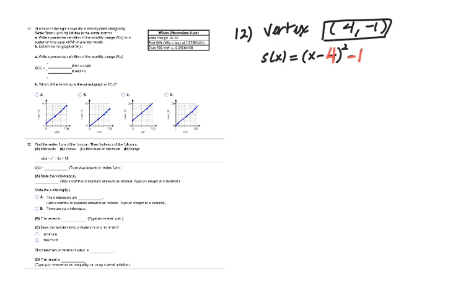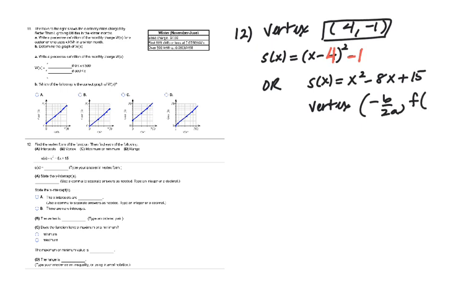Now, another way to find the vertex, if you keep the standard form, or the general form, f of x equals x squared minus 8x plus 15, is to use negative b over 2a to find the x coordinate, and then take that value and plug it into the original function, f of negative b over 2a.